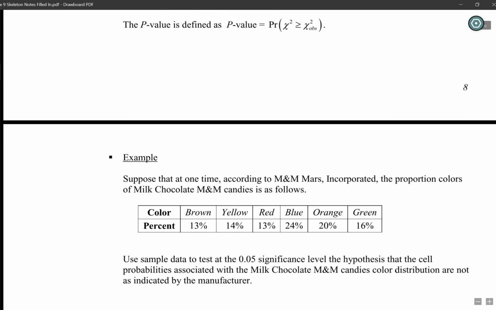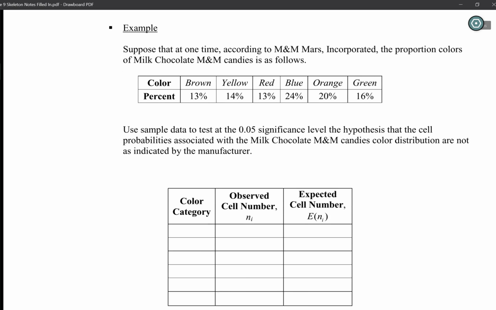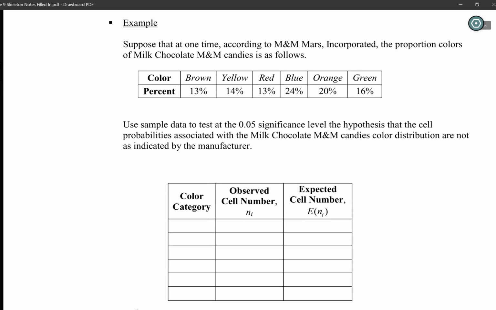Let's come back to this example. We're going to need some data. If this was a face-to-face class, I would perhaps pass out many bags of M&Ms, or just one large bag, and treat that as our sample.